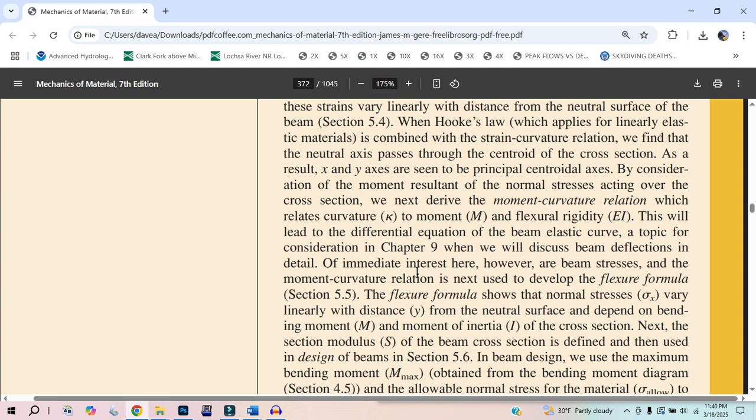And so we next derive the moment curvature relation, which relates the centroidal cross section. So what is this relating? This is relating the actual shape.